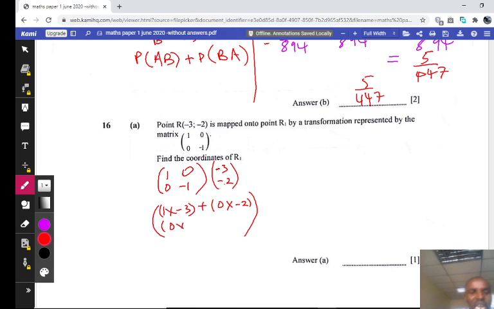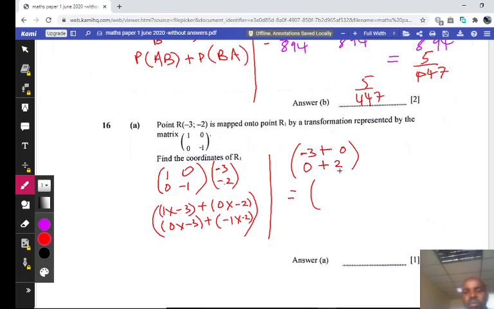Let's simplify. 1 times minus 3 is minus 3, plus 0 times minus 2 is 0. Then 0 times minus 3 is 0, and minus 1 times minus 2 is plus 2. So the result is (-3, 2).